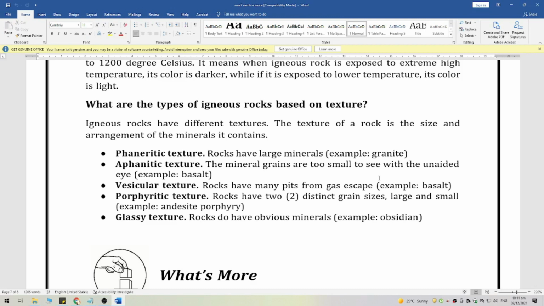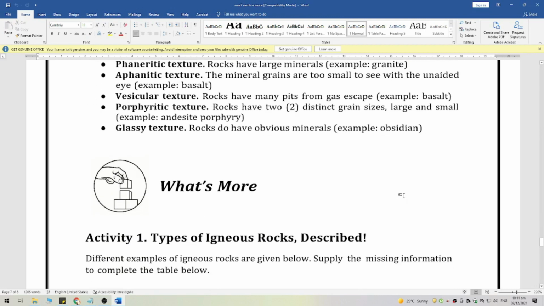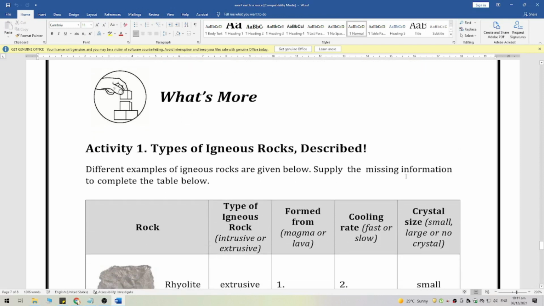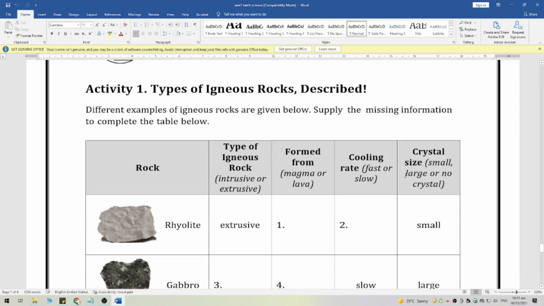And porphyritic texture, rocks that have two distinct grain sizes, halo-halo, large and small. Halimbawa, andesite aka porphyry. And yung glassy texture naman, they do not have obvious minerals. Halimbawa, obsidian.